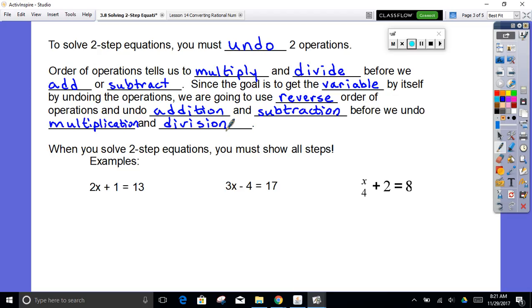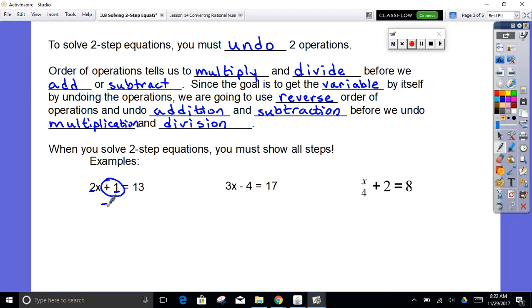And just like when we did one-step equations, when we solve two-step equations, I want you to show all of the steps. So for our first example, we have 2x plus 1 equals 13. We have 2 things to get rid of. We have the 2 in front of the x. We also have the 1 to get rid of. We're going to undo the addition or subtraction first. That means we're going to get rid of the plus 1 first.